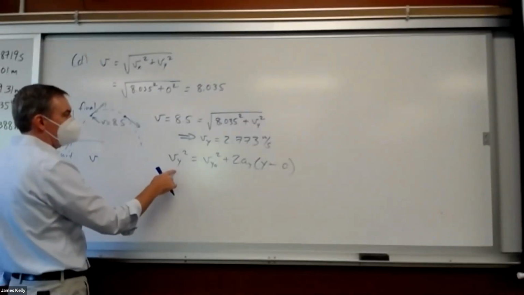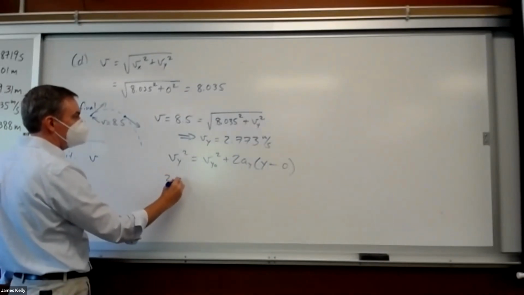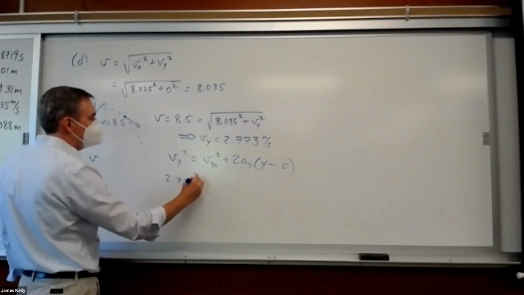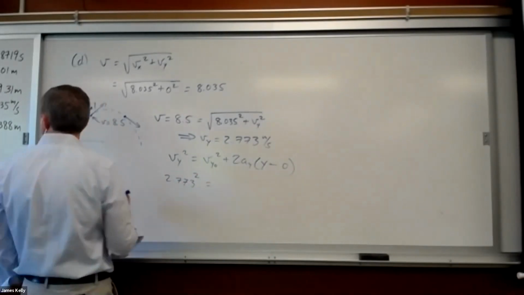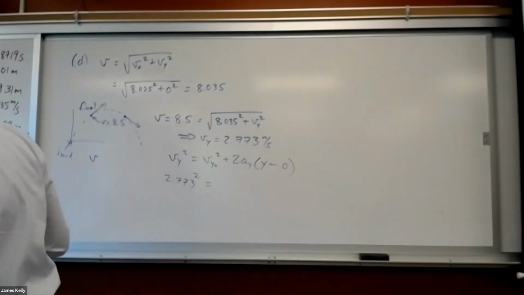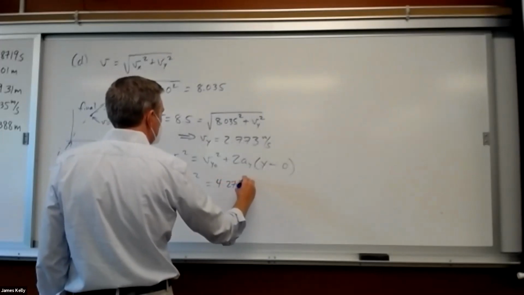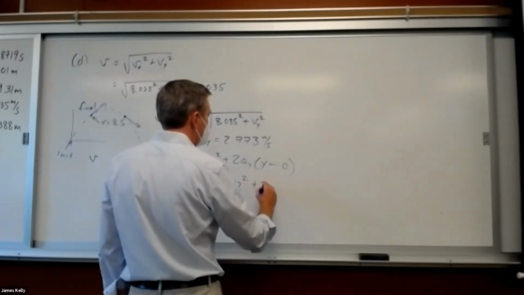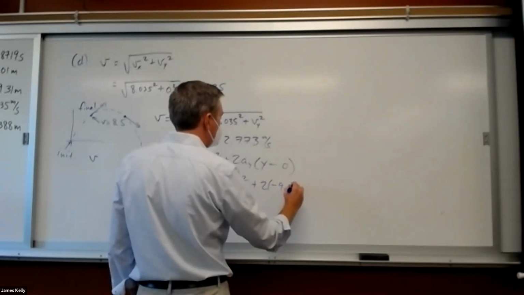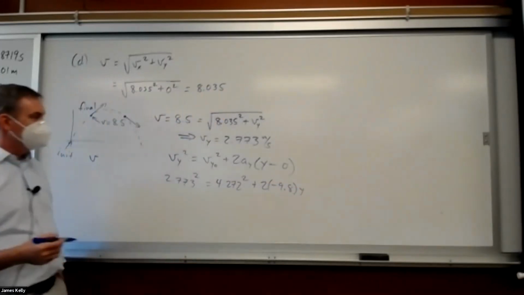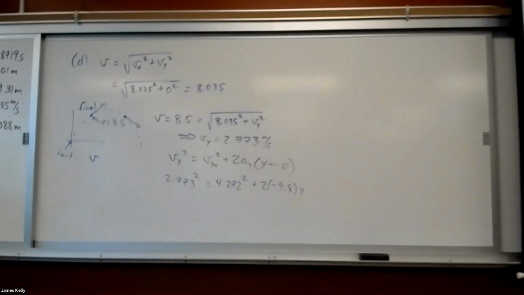And Vy final is 2.773 squared. Vy initial was 4.272. Don't forget to square it. Plus 2 times minus 9.8 times y, and solve for y. And y is 0.5388 meters.